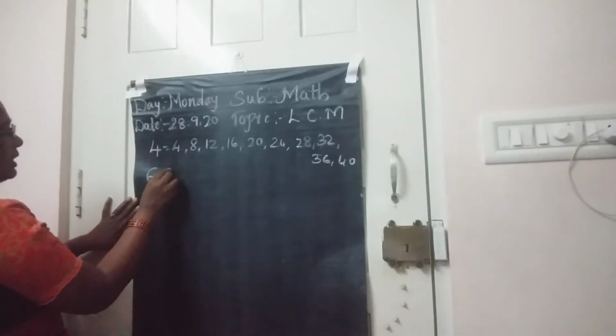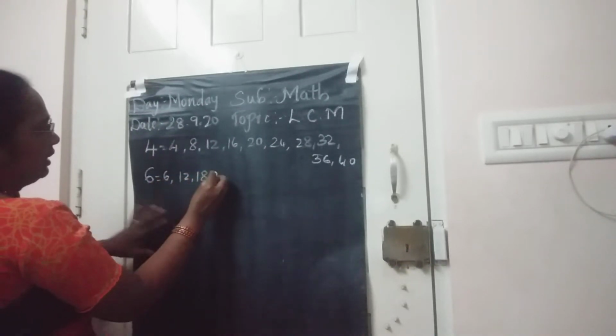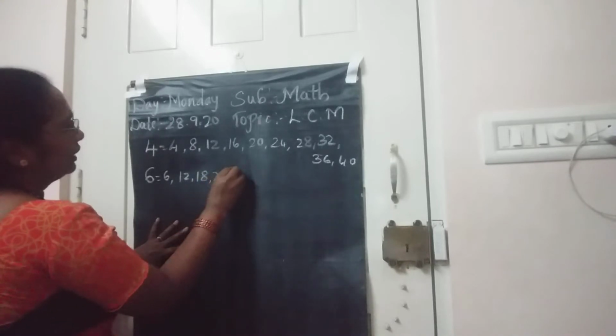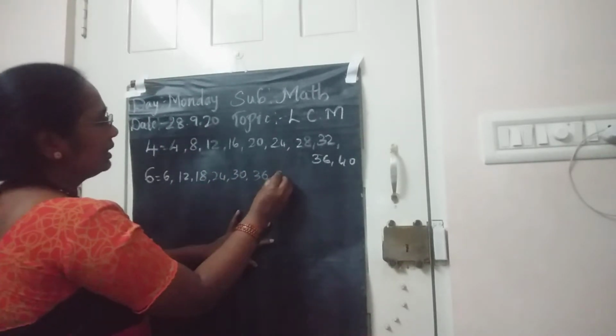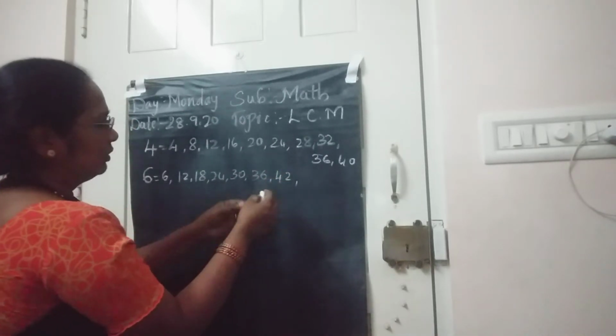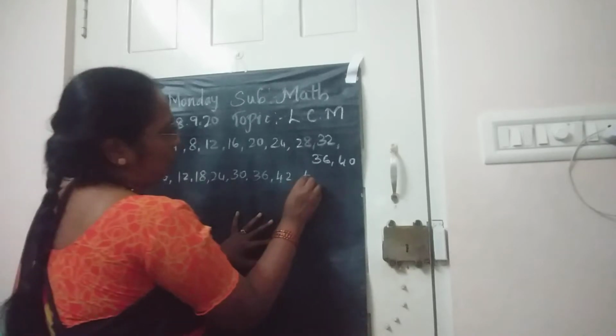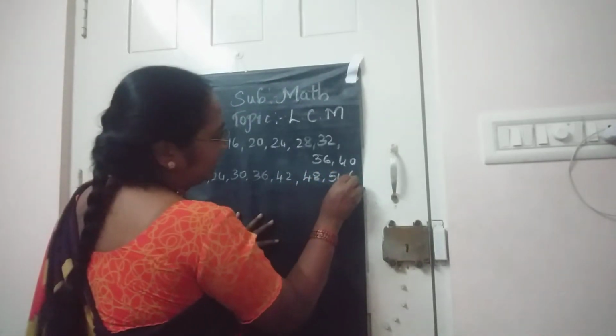Here, 6, 12, 18, 24, 30, 36, then 42, then 48, then 54, then 60.